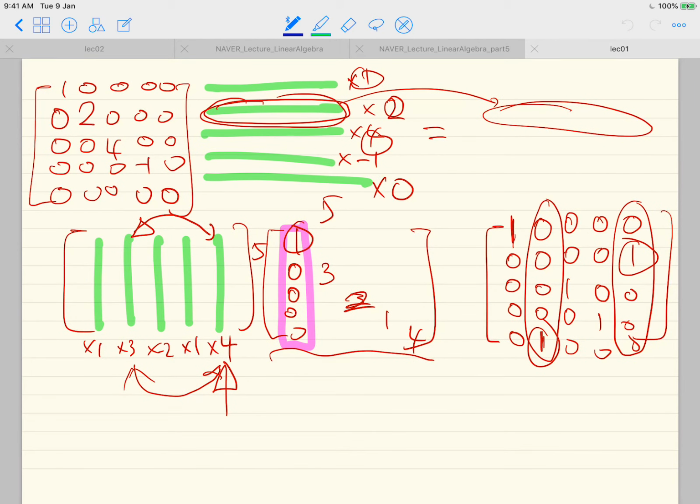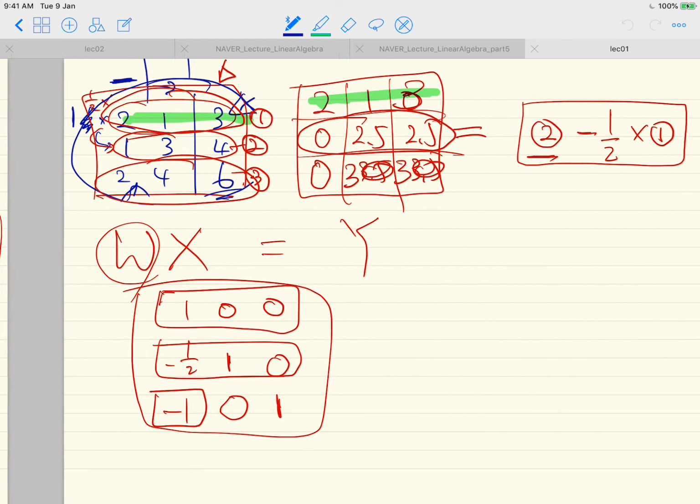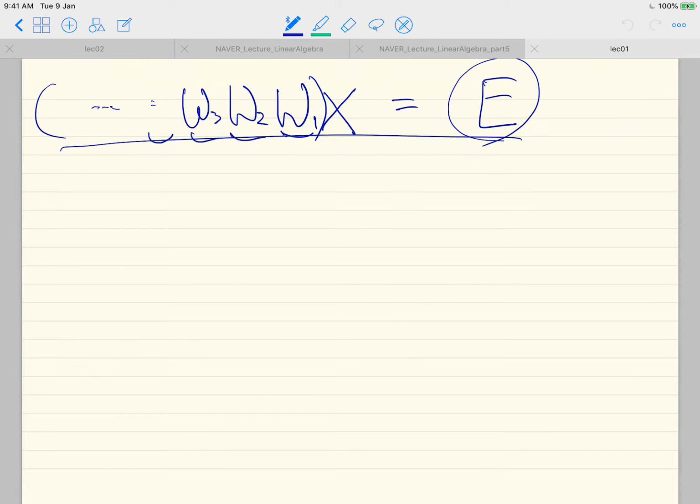So the answer is yes. Each row operation is always invertible, and the further conclusion is that this whole part is invertible because each of them is invertible.